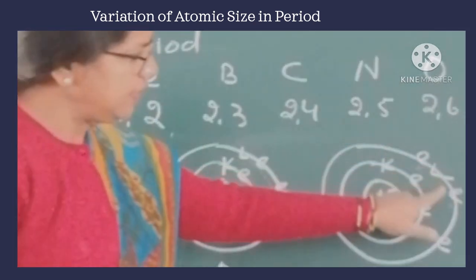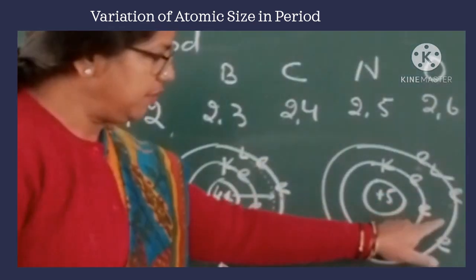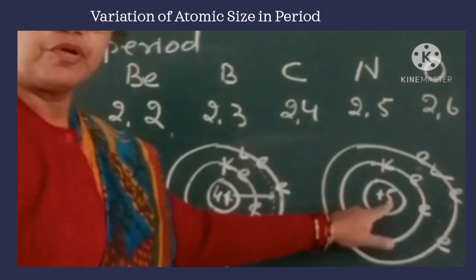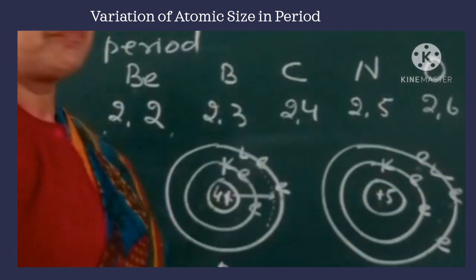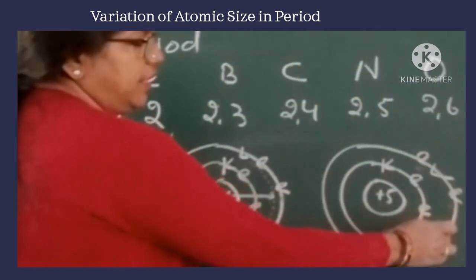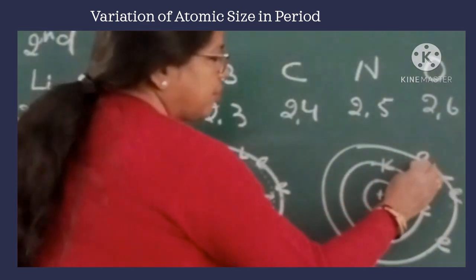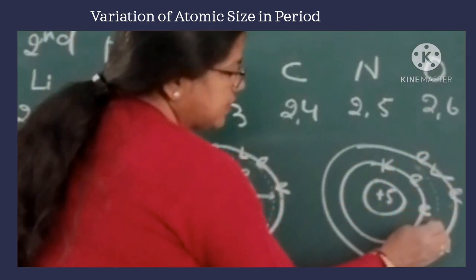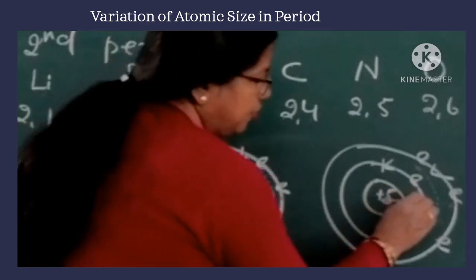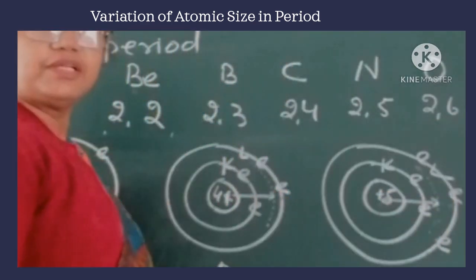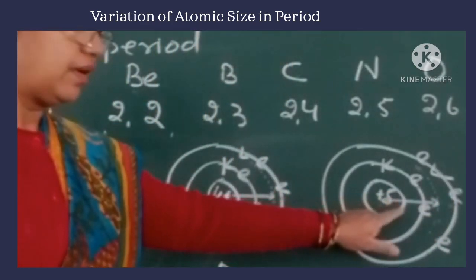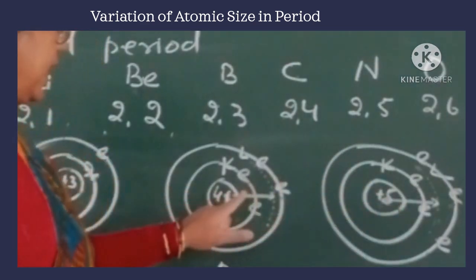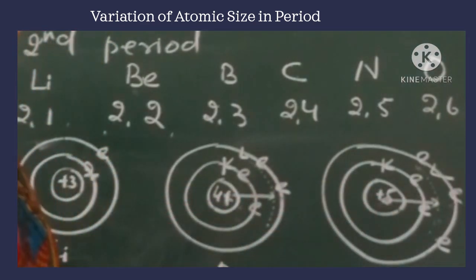Now, if there are 3 valence electrons in the same shell, then the 5 protons can pull these 3 electrons in the same shell closer, and hence the distance between the center of the nucleus and the valence shell is closer as compared to beryllium.